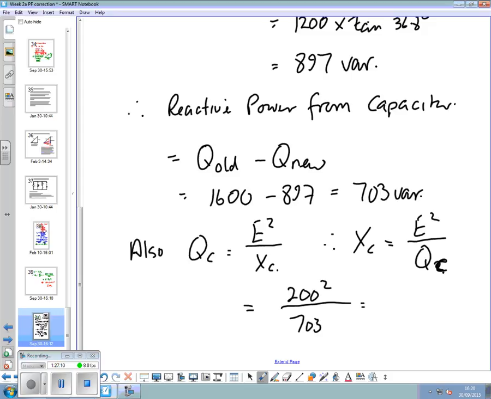I made that 56.9 units of capacitive reactance, ohms. Yeah, well done.